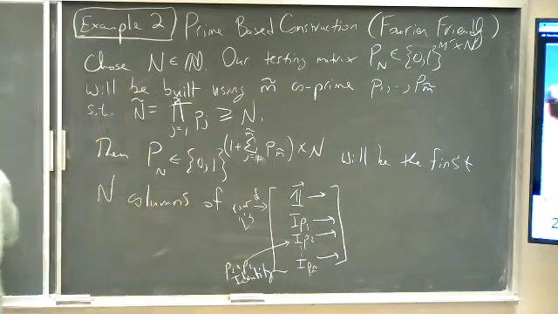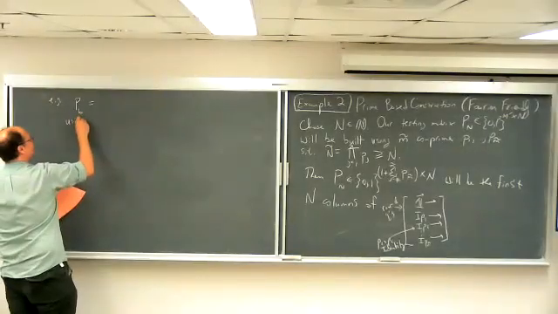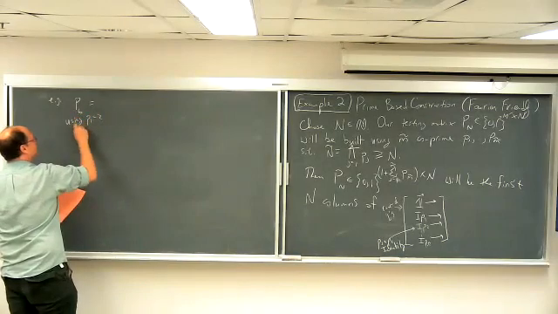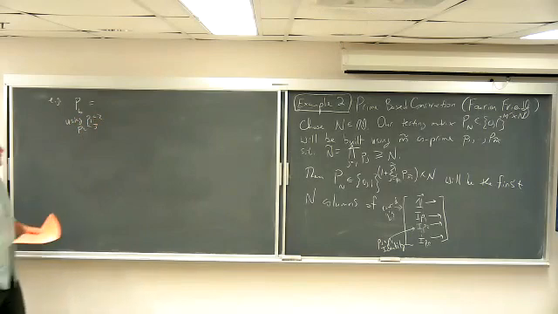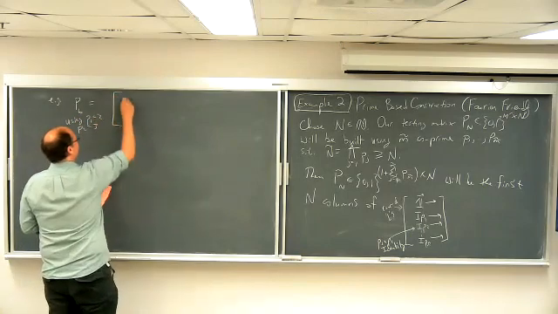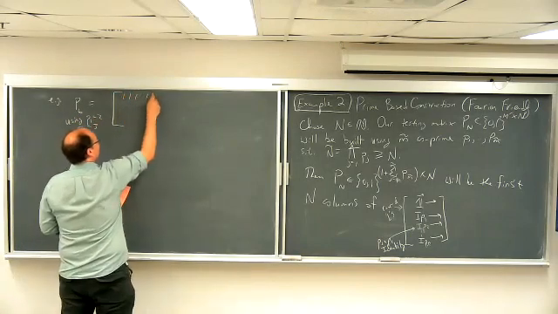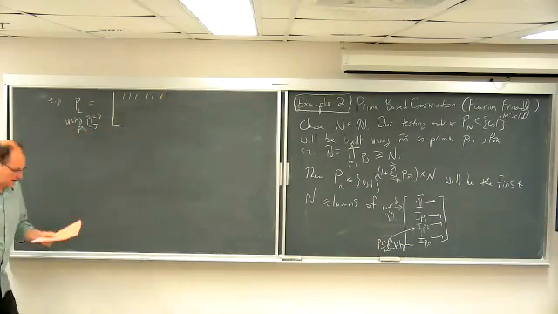So as an example, see what this sort of stuff looks like. P6, if I use P1 equal to 2 and P2 equal to 3, so first two primes, that's going to be this matrix. It's going to have a row of 1s.